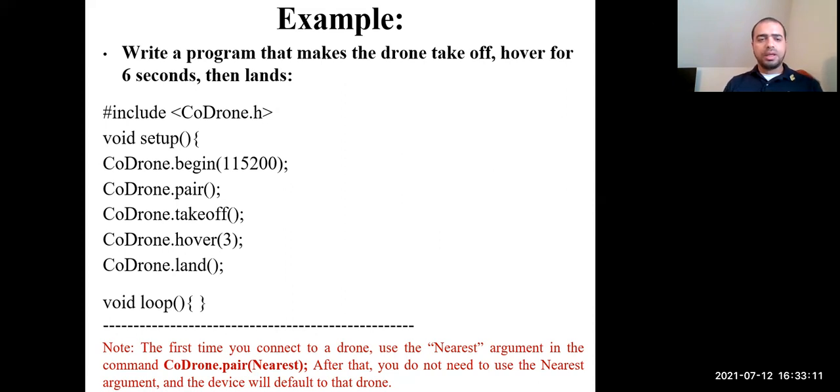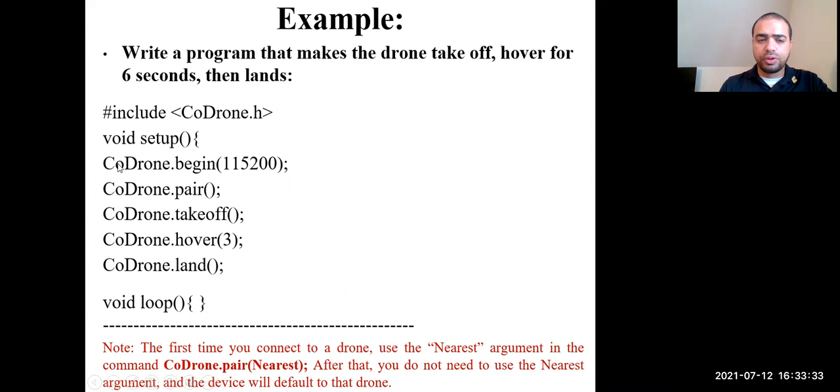Now here we have void setup. Remember, this function must be included in every single program. Void setup, and inside its braces, we're going to put this code over here. CoDrone.begin. Something that is very important: C++ is case sensitive.